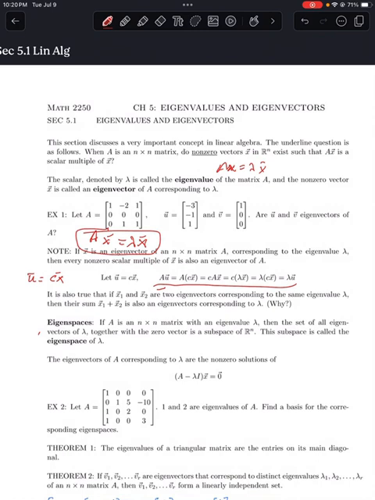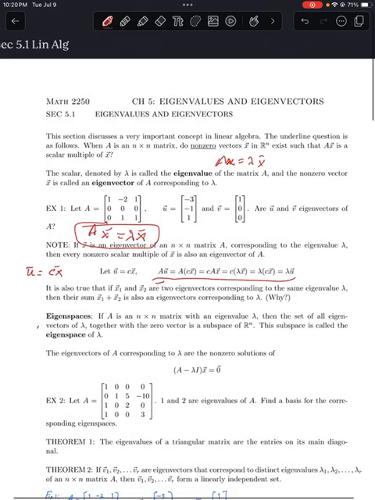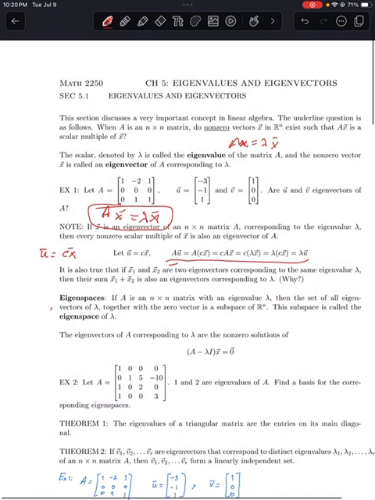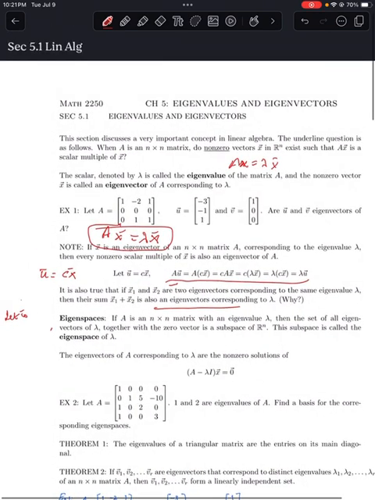Also, if you have two eigenvectors corresponding to the same eigenvalue, then their sum is also an eigenvector of the matrix corresponding to the same eigenvalue. This is something you may prove. How will you prove it? First, let x and y be two eigenvectors of lambda.